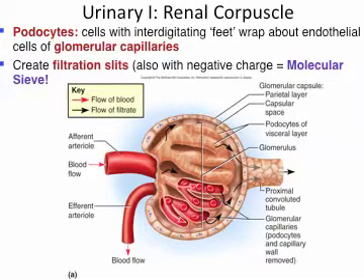This interdigitation creates a filtration slit, and there's also a negative charge in the filtration slit. So it makes a molecular sieve, and the plasma that gets filtered out of the capillaries and into the glomerular capsule passes through this filtration unit or sieve.